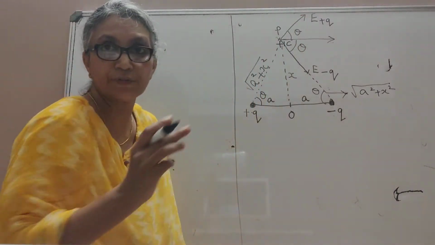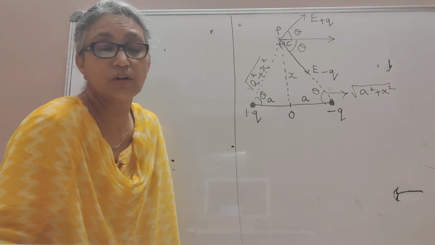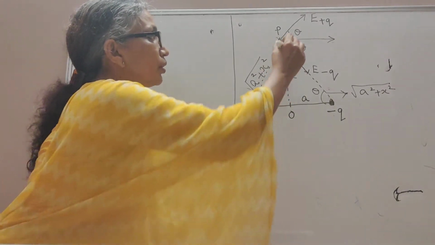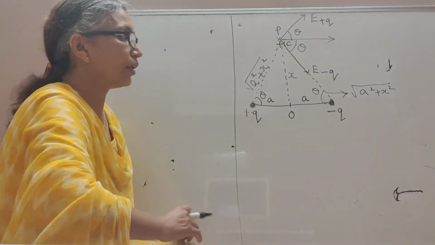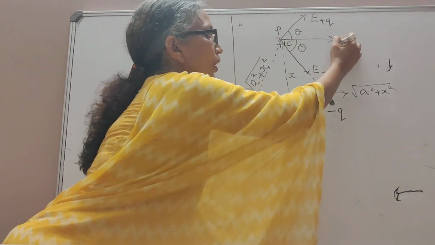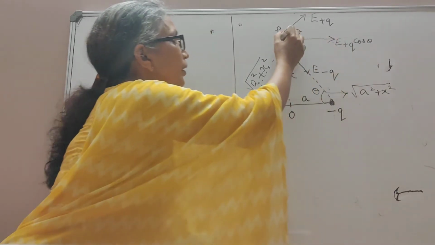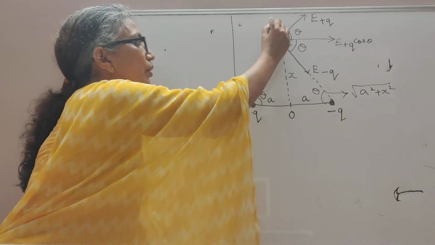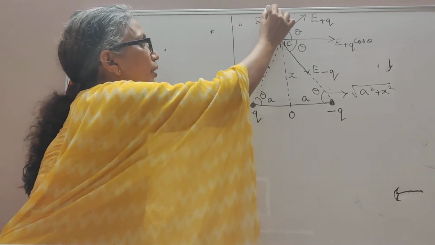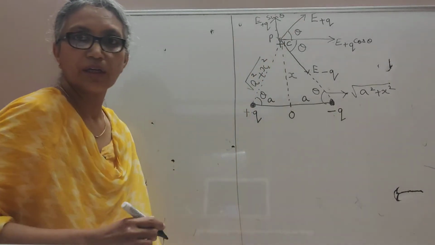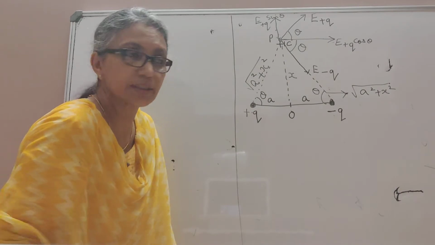Now E plus Q will have two components. One is the adjacent component, the other is the opposite component. Here this horizontal component, or adjacent component, will be the cos theta term. So this will be E plus Q cos theta, and here you will have the other component, E plus Q sin theta. Similarly, this E minus Q also I can resolve into two components.